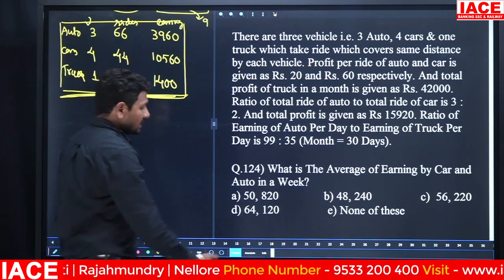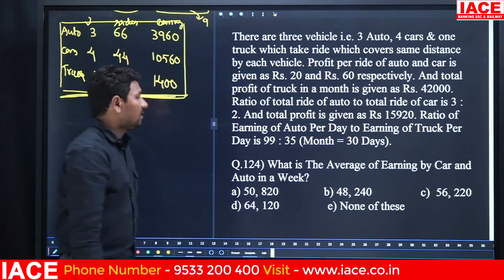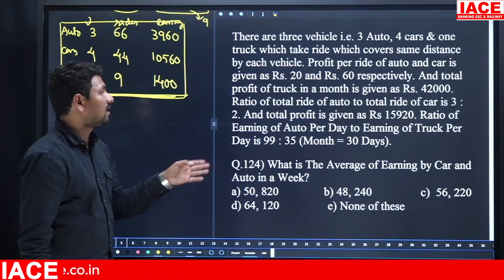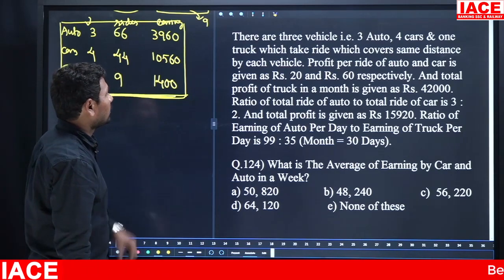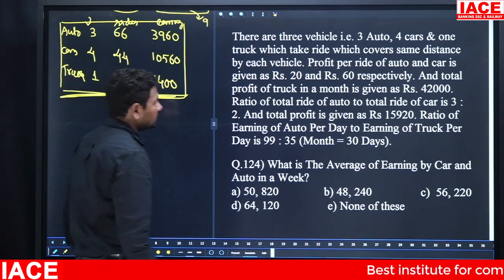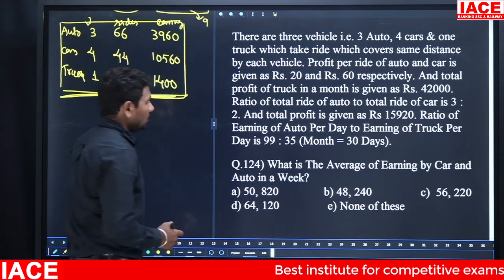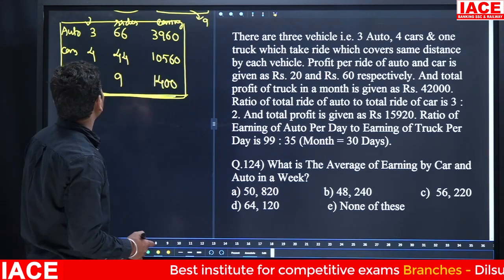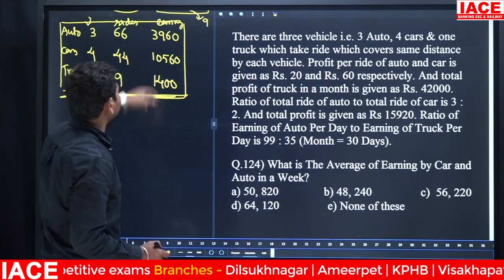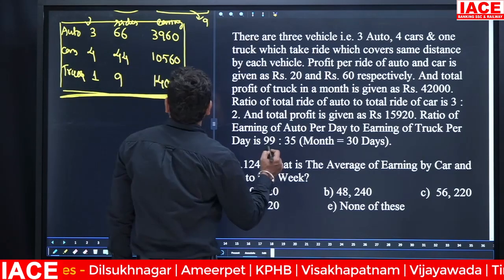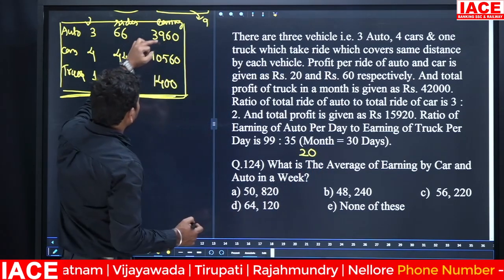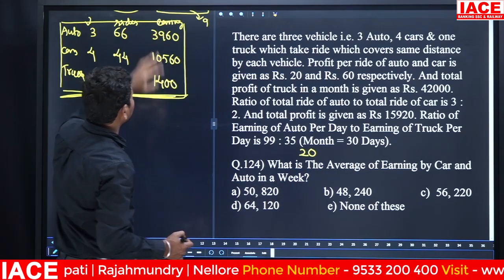Next, what is the average earning by car and auto in a week? Okay, the average of earning by car and auto in a week. Car is how many rupees here? 10560. And next auto is how many rupees? 3960. Here the earnings, both will be added. Then 0 and 2, it is 60 plus 60, 120, 9 plus 1 is 10.